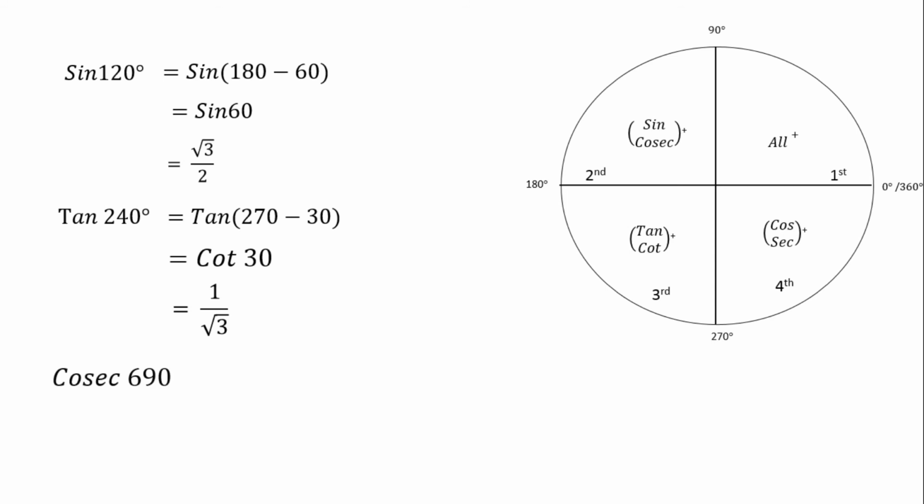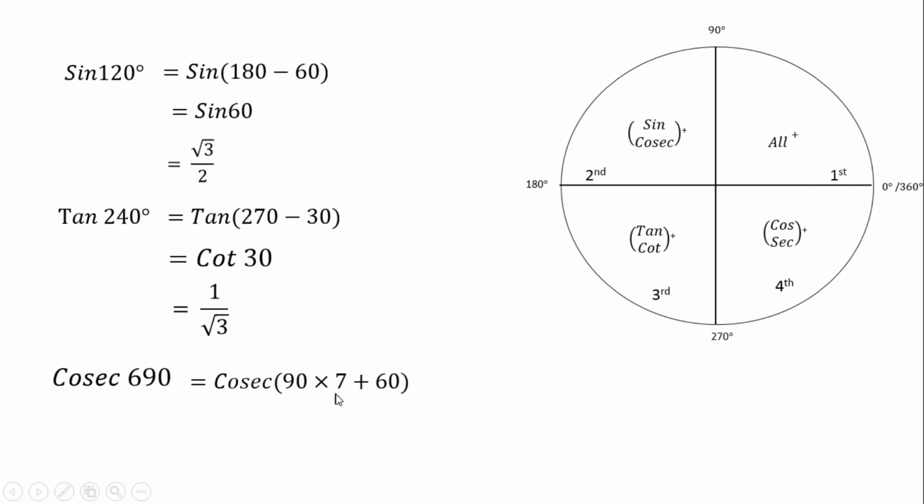Another example we can see, cosec 690. If the angle is more than 360 and we cannot break it into 360, then we have to break the angle into a multiple of 90. Then 690 means 90 into 7 plus 60 degrees. 90 into 7 is 630, plus 60 will be 690.